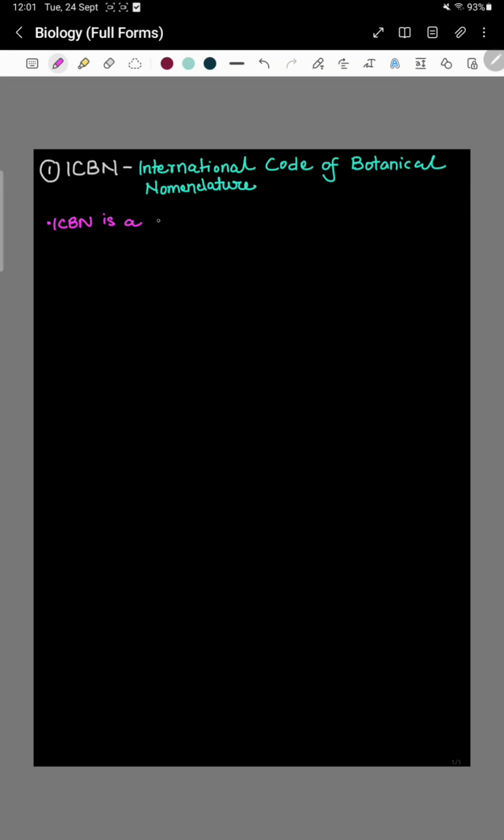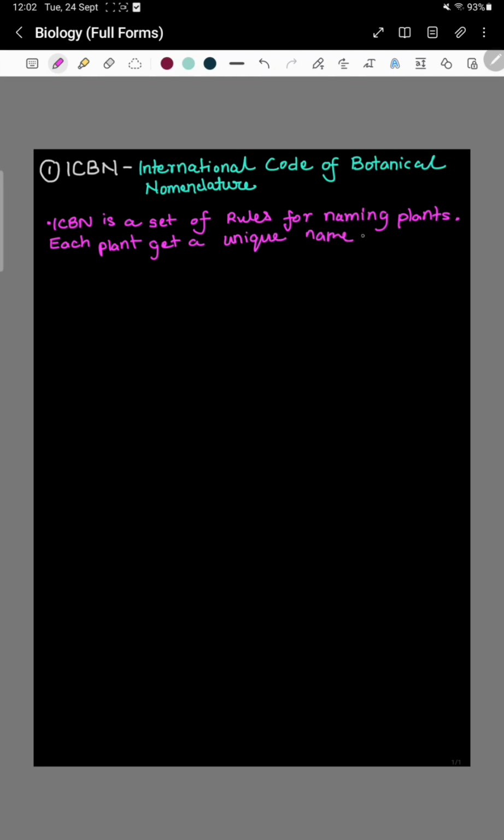So ICBN is a set of rules for naming plants. Each plant gets a unique name made of 2 parts.